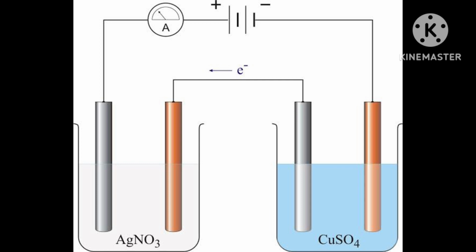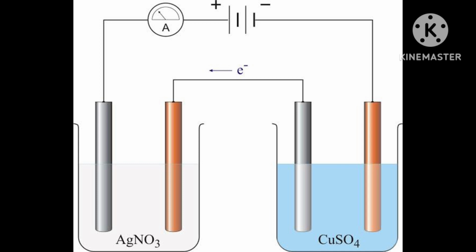I am reading the question, which is actually easy. A solution of copper sulfate is electrolyzed for 10 minutes with a current of 1.5 ampere. They have given the I value, 1.5 ampere. Time is 10 minutes, which you can convert into seconds.